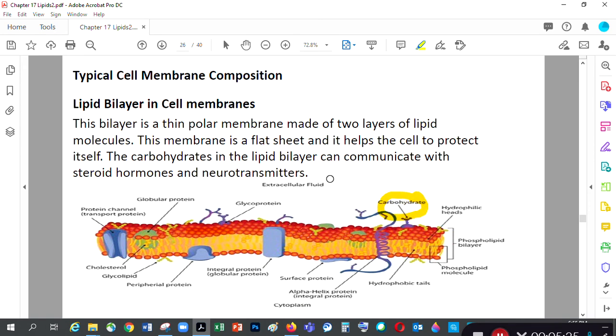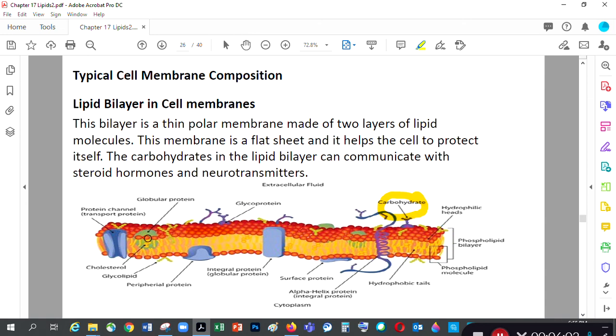They are really helping in communicating with the steroid hormones and neurotransmitters. And we have seen this in the first section, how the steroid hormones enter the nucleus of the cell and the DNA is transcribed into small mRNA, which then goes outside the nucleus and interacts with the protein and activates the protein for specific functions.